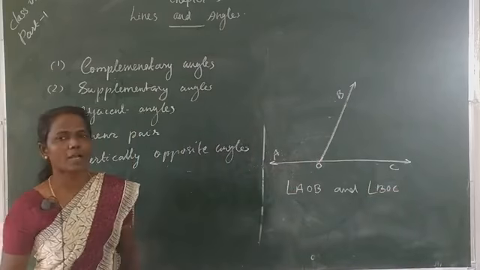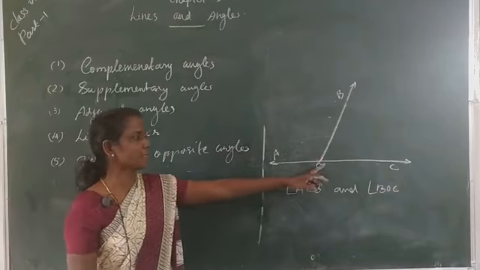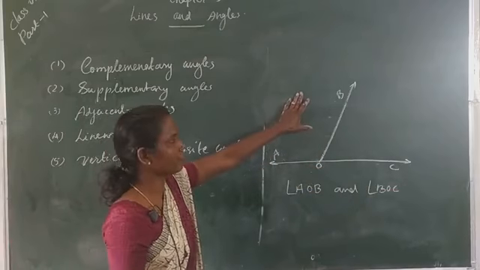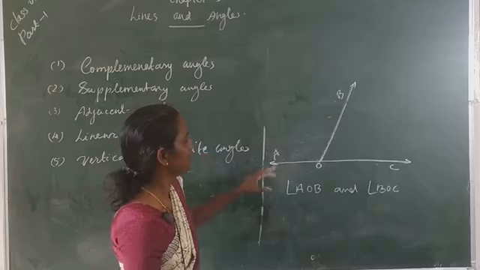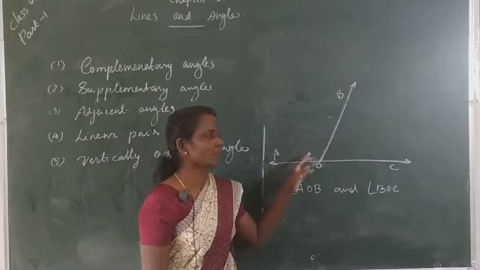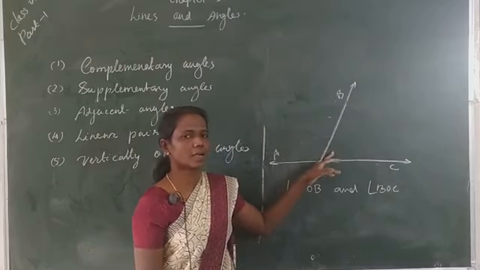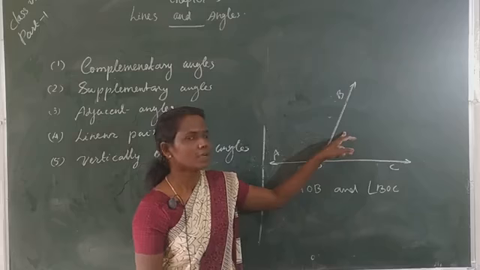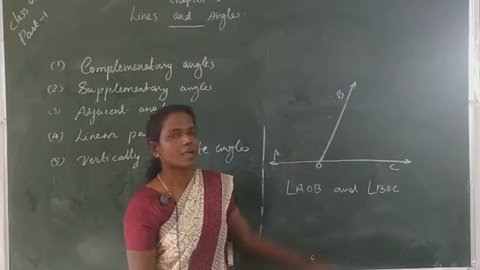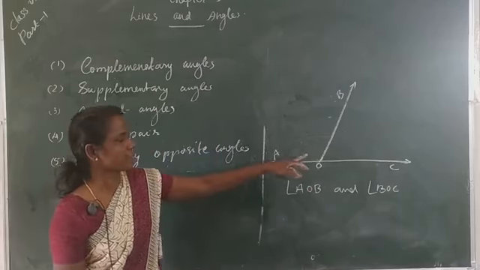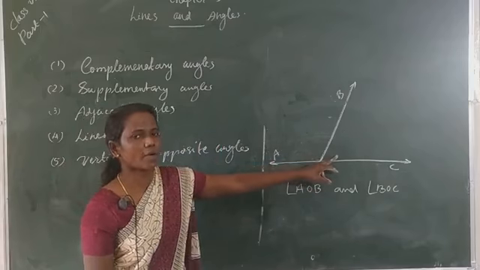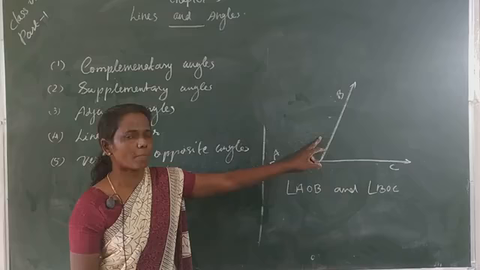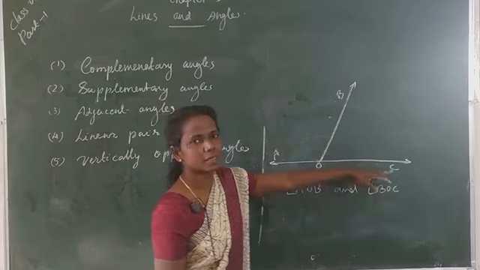Angle AOB and angle BOC are a linear pair. Why? A linear pair is a pair of adjacent angles, with non-common arms forming a straight line.